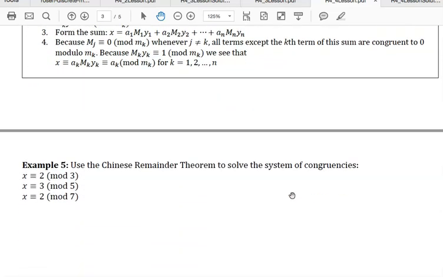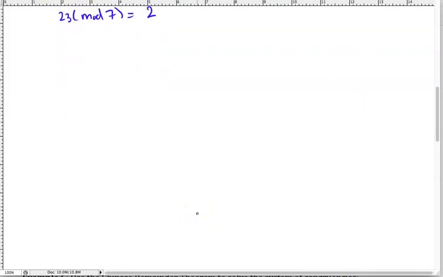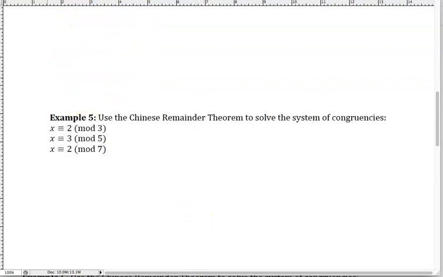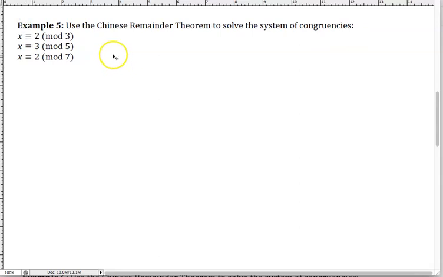All right, so let's look at this example 5, and we're going to show the steps of how this method works. So let me go here and identify all the different parts. Okay, so this is the same problem that we did by guess and check. We know that the answer is 23.